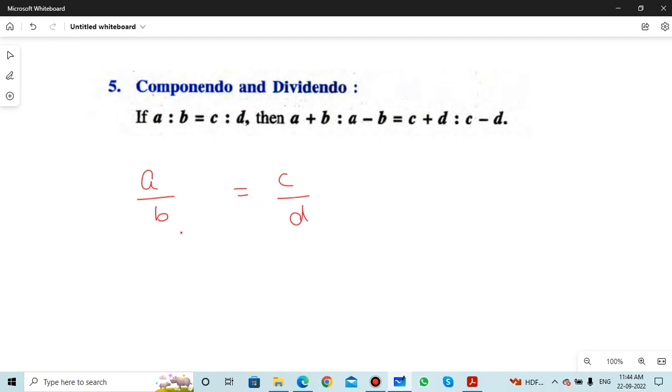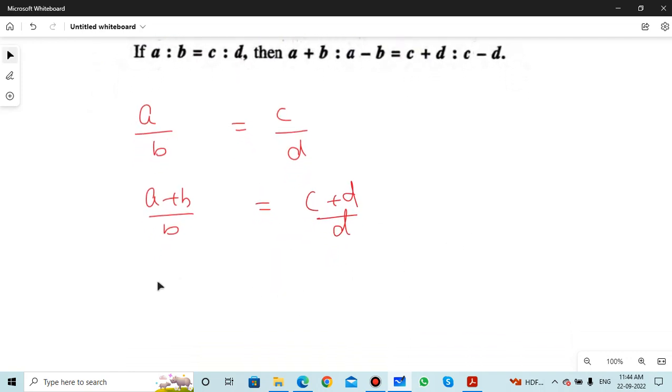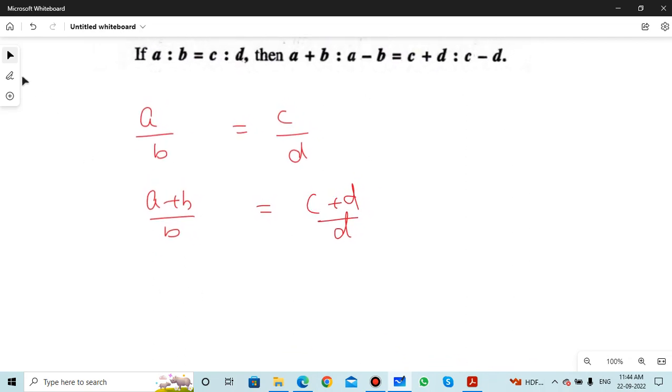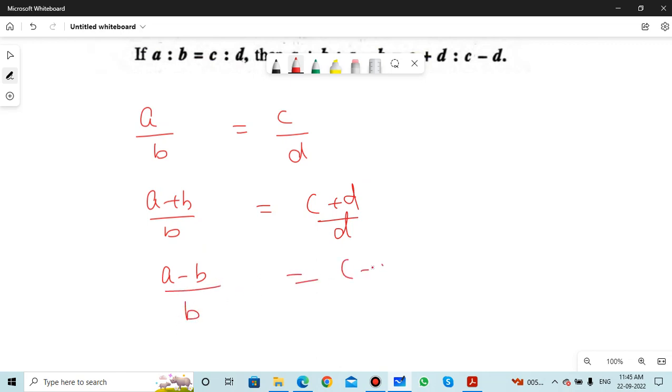So we know that when we do componendo, it becomes A plus B upon B, and the other one becomes C plus D upon D. Now if I do the dividendo, you get A minus B upon B, and the other one you get C minus D upon D. This is the first equation and this is the second equation, and you divide both.